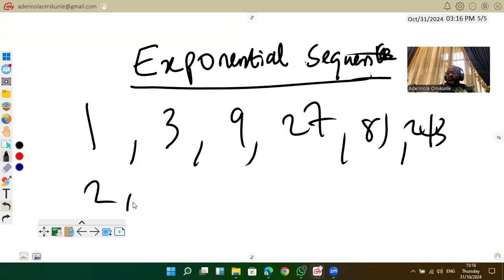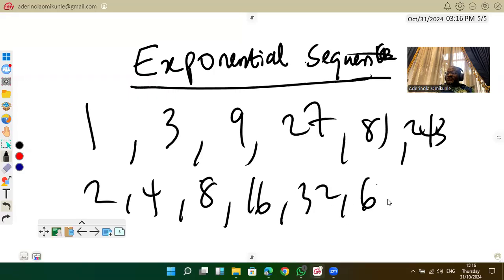Or 2, 4, 8: 2 times 2 is 4, 4 times 2 is 8, 8 times 2 is 16, 16 times 2 is 32, 32 times 2 is 64, and so on. So you notice that each term is being multiplied by the same number. The moment this happens, it's automatically an exponential sequence.